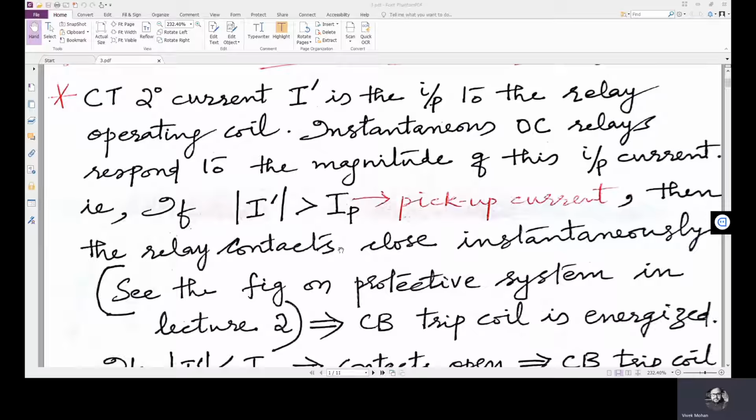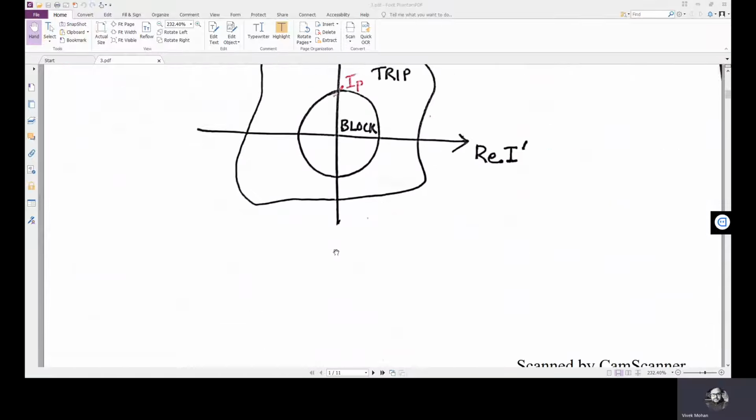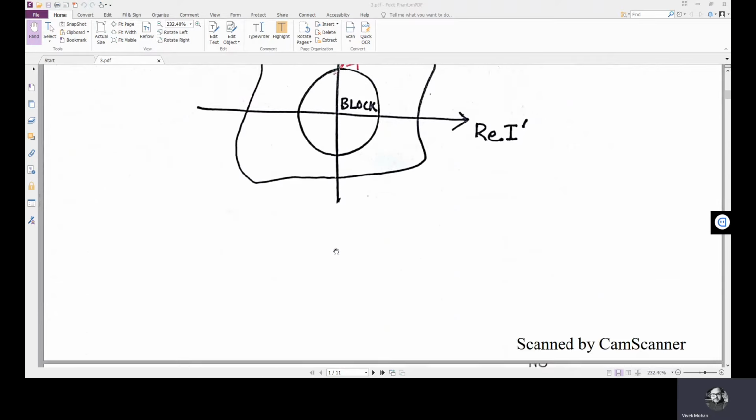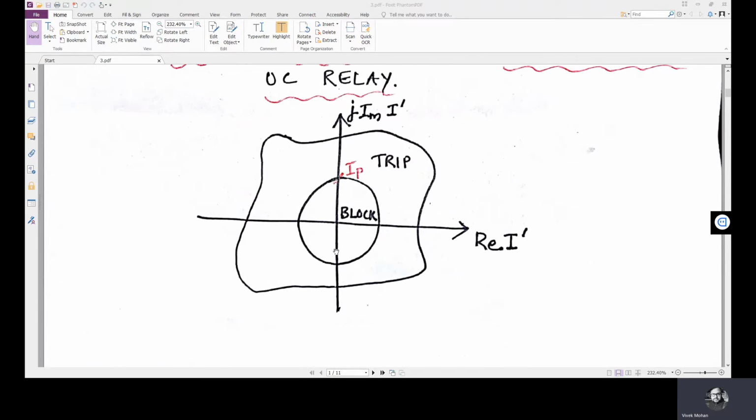I'll repeat this again. Instantaneous overcurrent relays respond to the magnitude of their input current, as shown by the trip region in this figure. In the figure, you can see the vertical axis is imaginary I dash and the horizontal axis is real I dash.